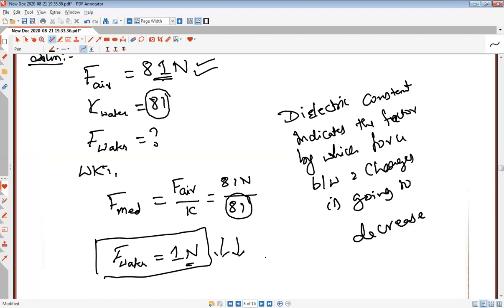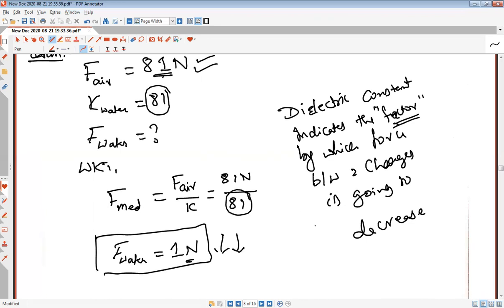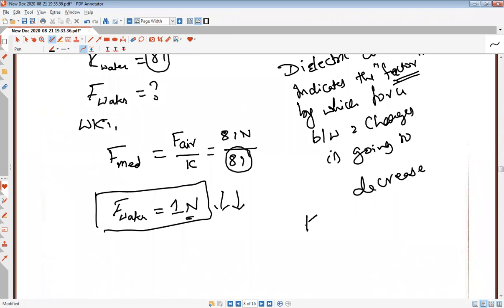Dielectric constant indicates the factor by which force between two charges is going to decrease. More is the dielectric constant, more is the decrease in force. Less is the dielectric constant, less is the decrease in force.